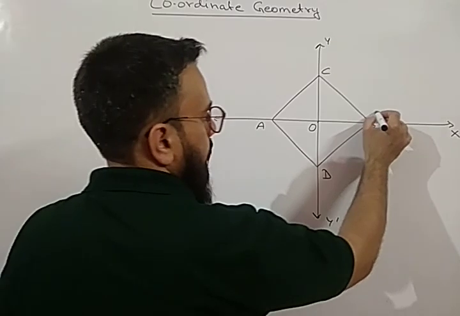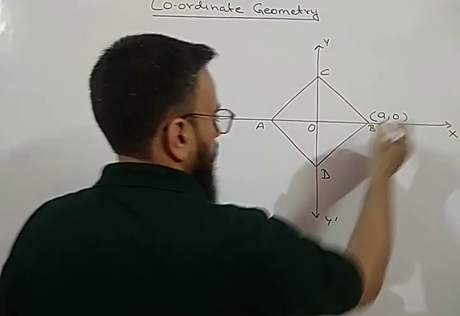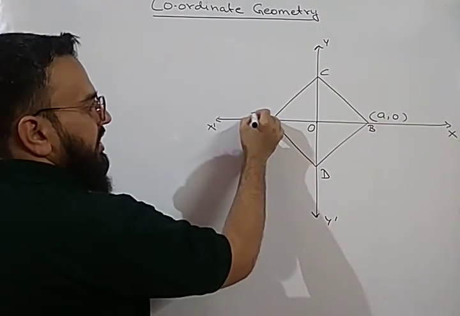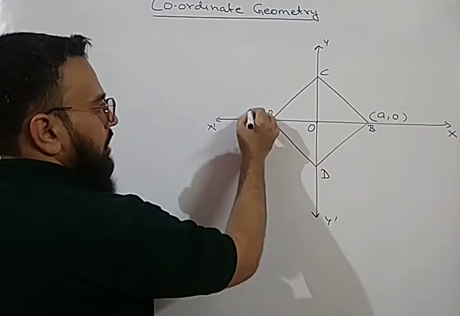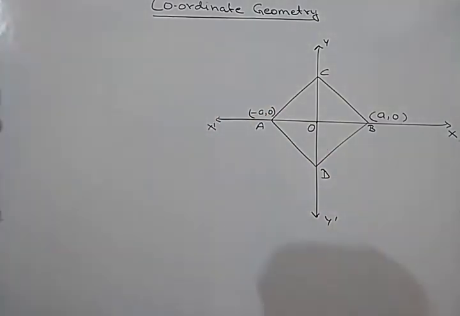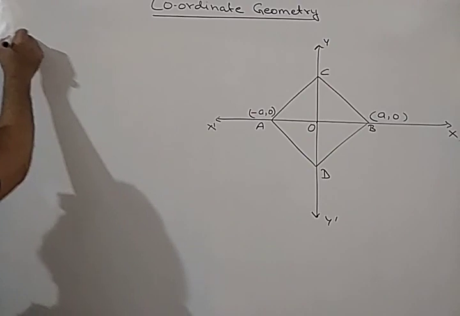Now the vertex of point B is given as a comma 0 and vertex of point A is minus a comma 0. Okay. And what else is given?